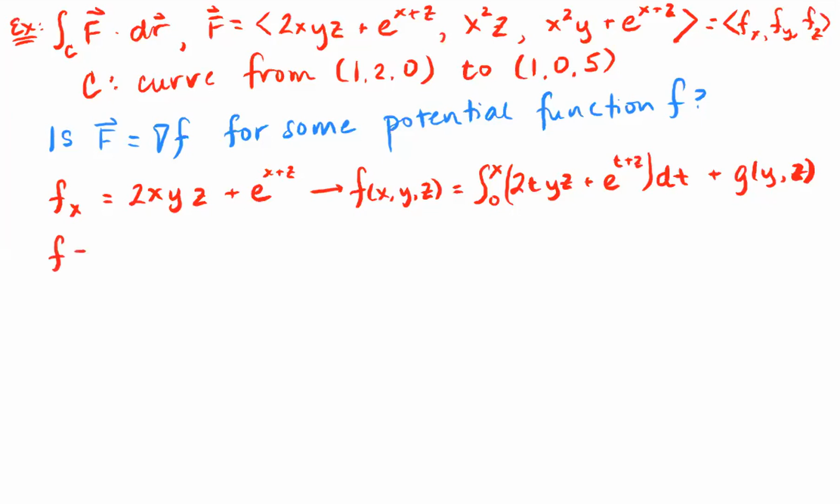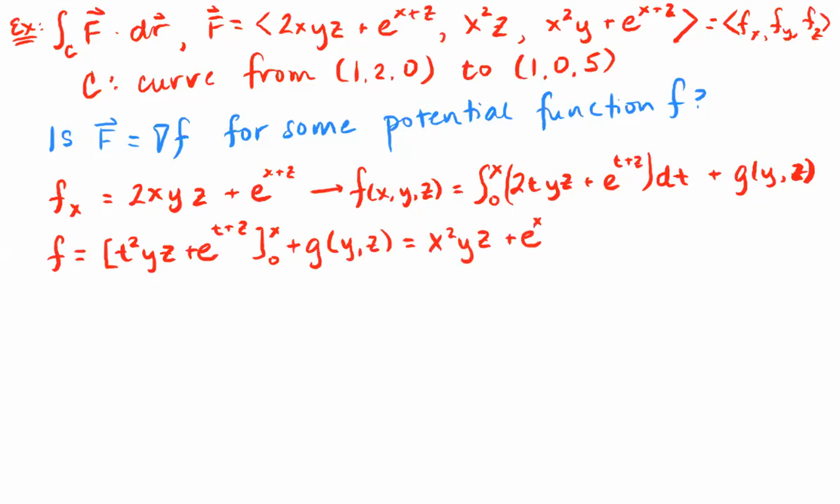So f equals t^2 yz + e^t + z from 0 to x, plus g of y, z. Now I plug in my x. I get x^2 yz + e^x + z, and then 0 minus 0, and minus e^z, and then plus g of y, z.